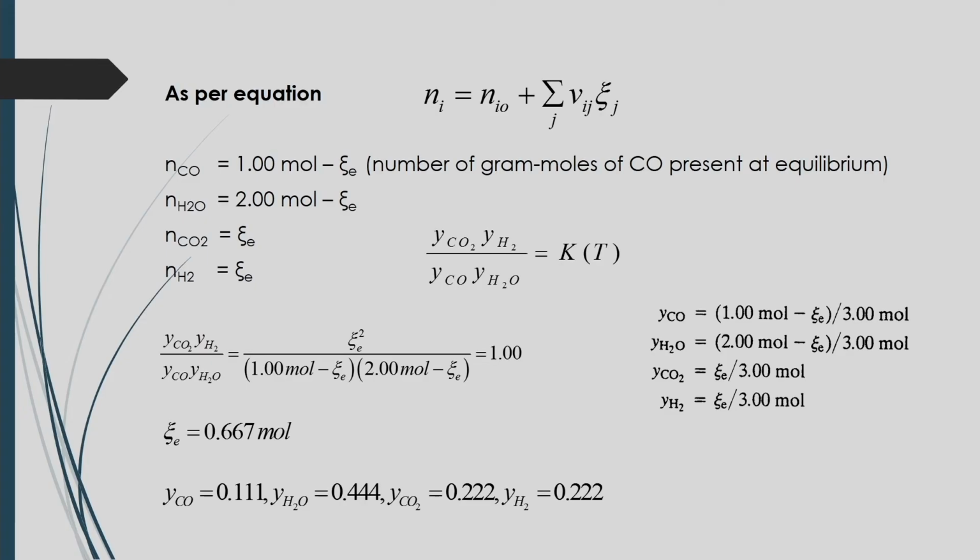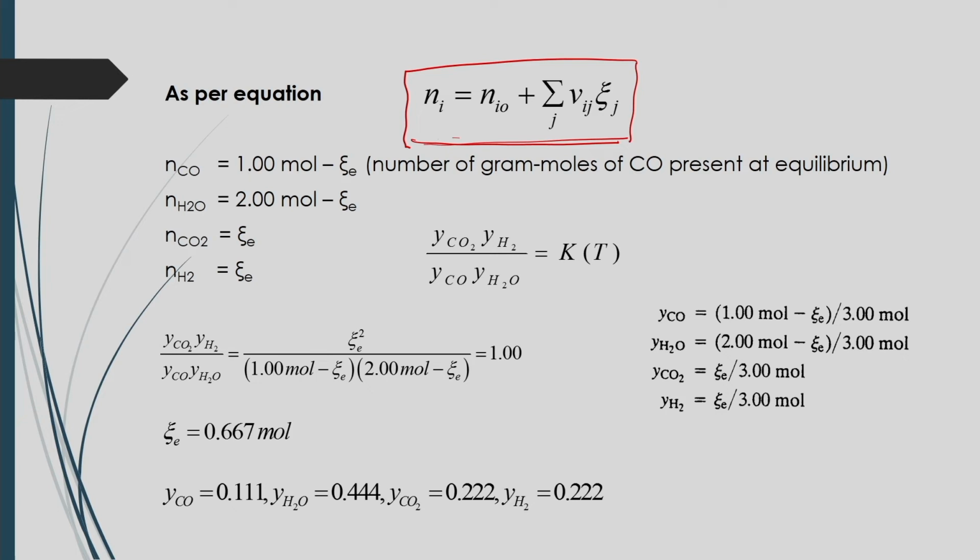Now, let us solve this problem. As per the equation, since there is only one reaction here, if we apply the general equation for multiple reactions, J will be equal to 1 only. So, Ni is equal to Ni0 plus summation of nu ij into xi j.